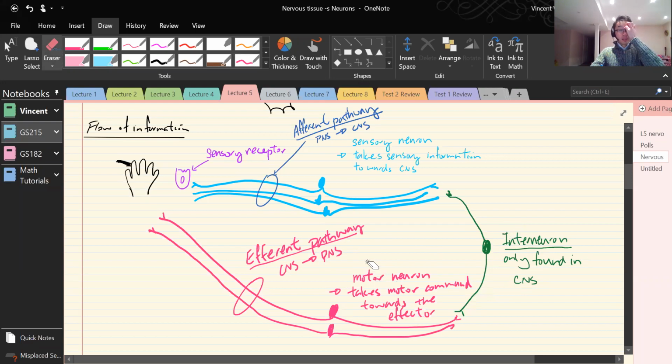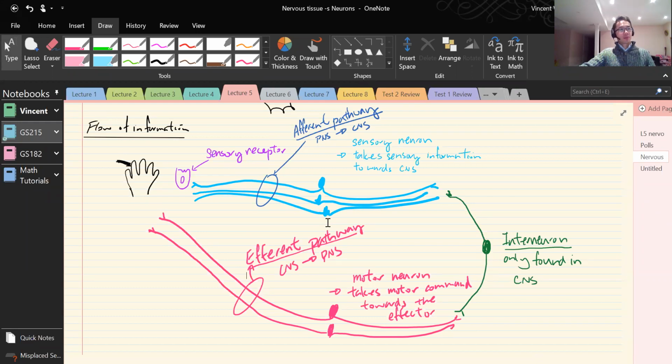Well, technically, it's traveling towards the effector. And so in the end, you will remove the hand. So this is the flow of information. Is that okay? Any question about this?